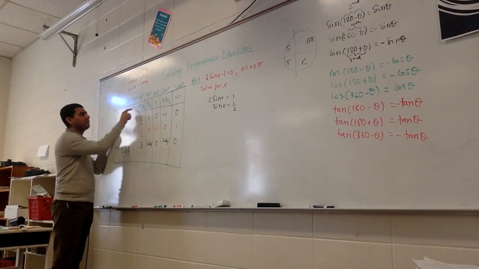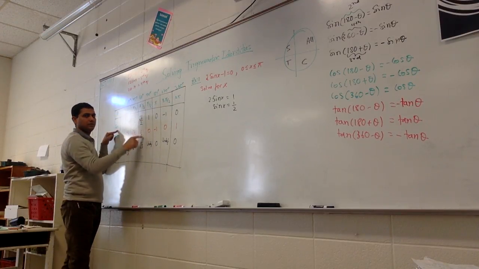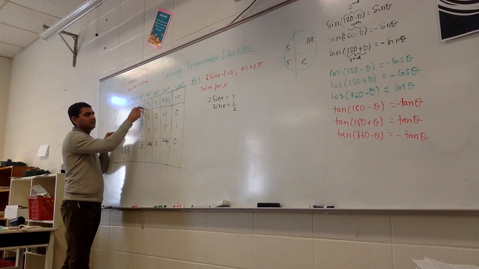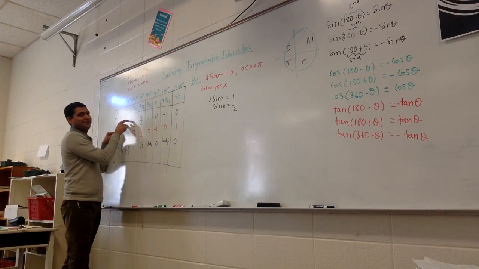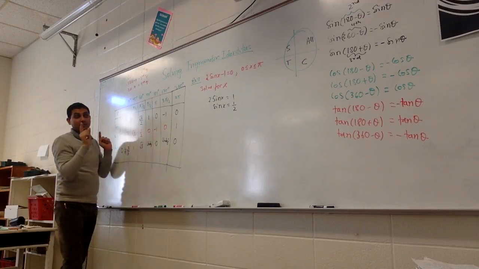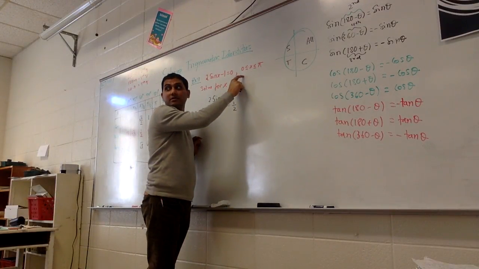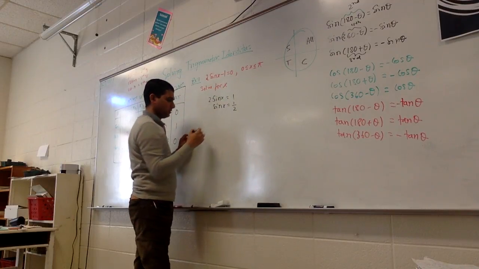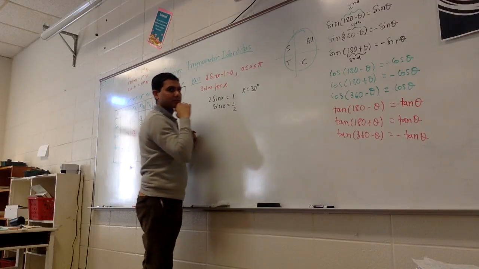Sine of some angle will give you 1/2. At 30 degrees. Sorry, you're looking at sine, not cosine, my bad. 30 degrees, right? Does 30 degrees lie within these bounds? Yes. So that's one solution: x is equal to 30 degrees.